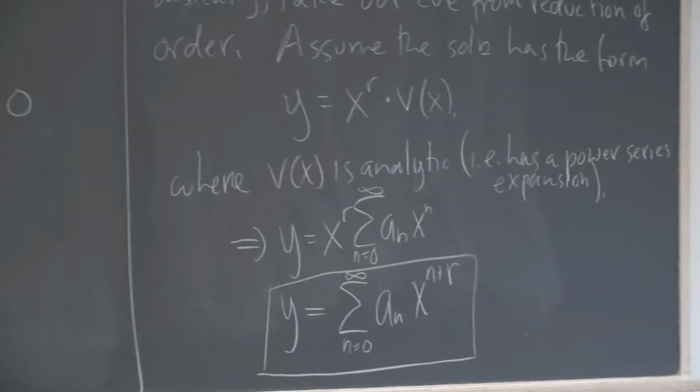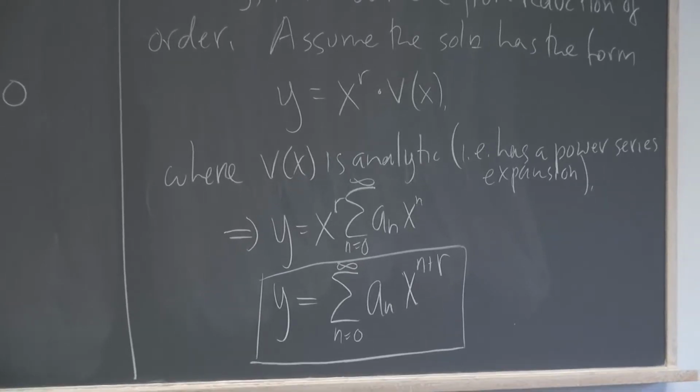It's a little bit different from the series solutions we've done before, and I'm going to show you how. Finding the indicial equation is going to help us. So let's do an example.